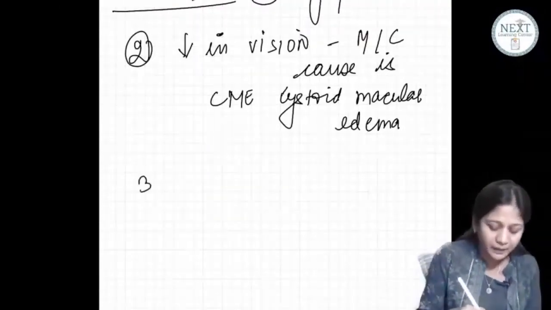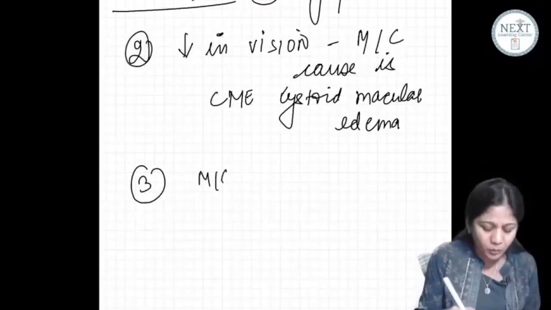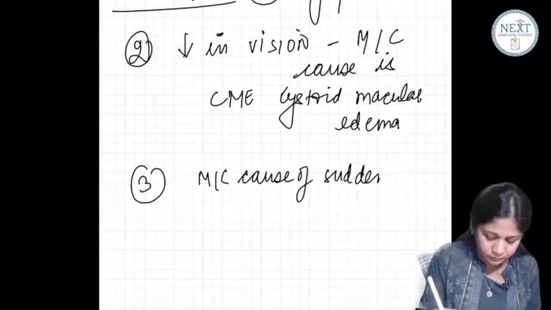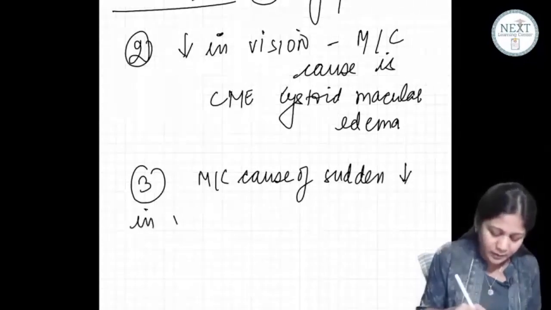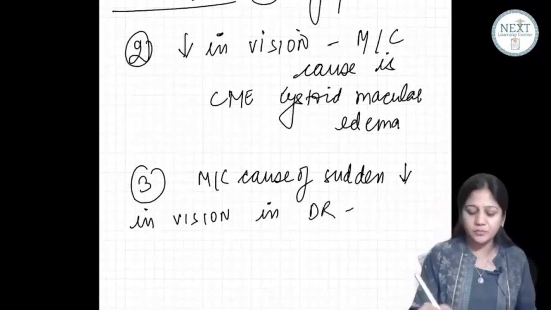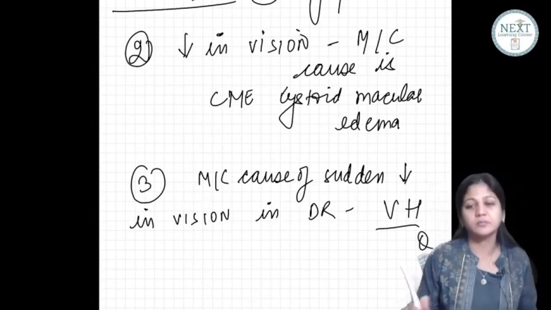My next question. What is the most common cause of sudden decrease in vision in diabetic retinopathy? Very good, Dr. Prashant. Impressive. This is vitreous hemorrhage.